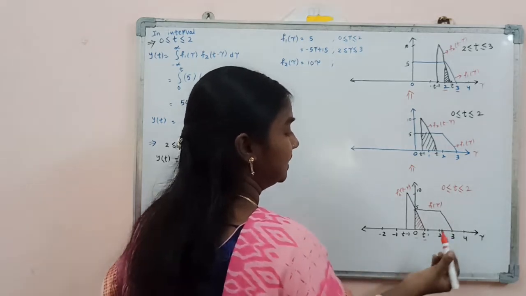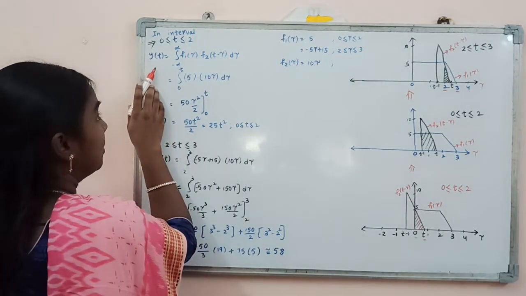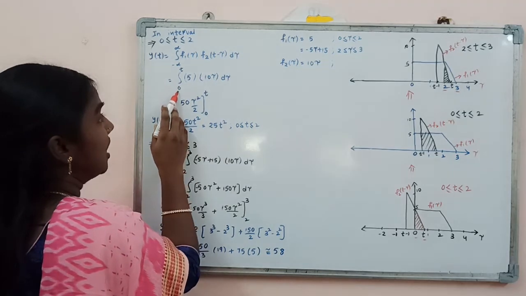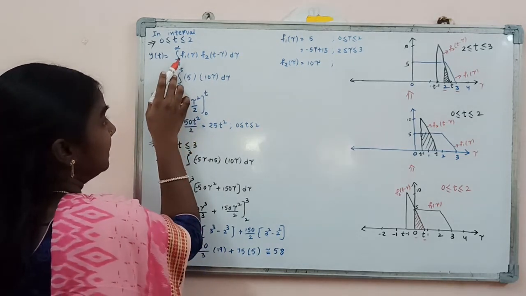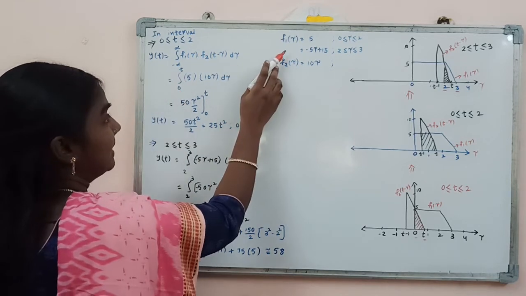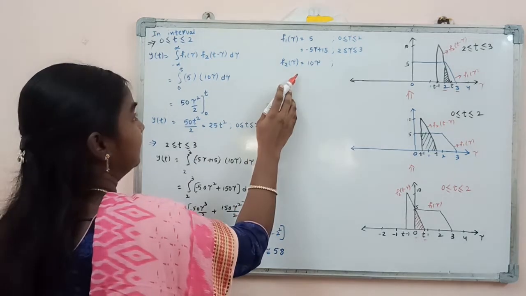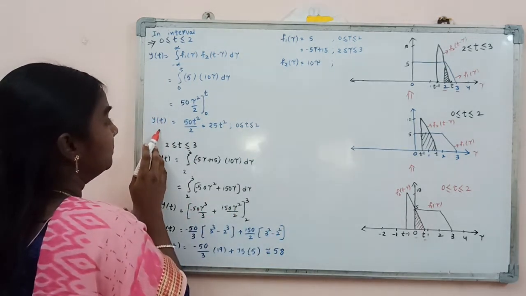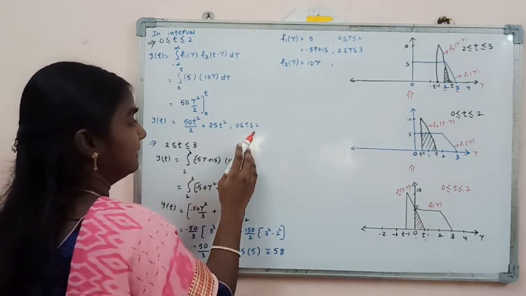From this overlapping period, this is the principle we are going to use to find the output signal. In this common time integration limits, the mathematical expression for f1 of tau will be 5, and f2 of t minus tau will be 10 tau. If we simplify this, the output signal will be found as 25 t square in this interval.